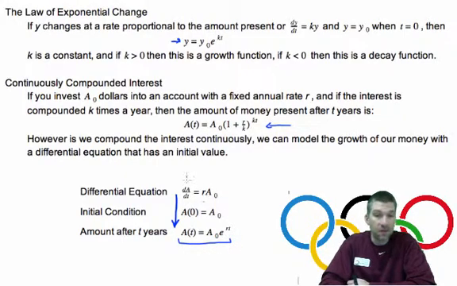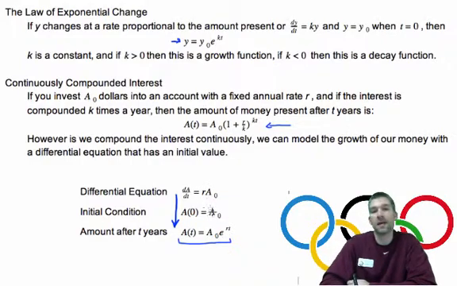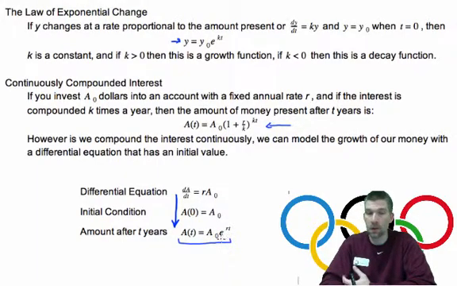We solve the differential equation and substitute in our initial condition, which was that t is equal to 0, and we end up with this formula down here for continuously compounded interest.